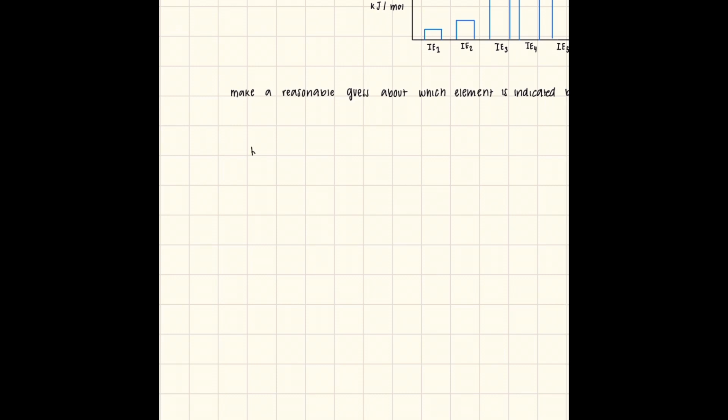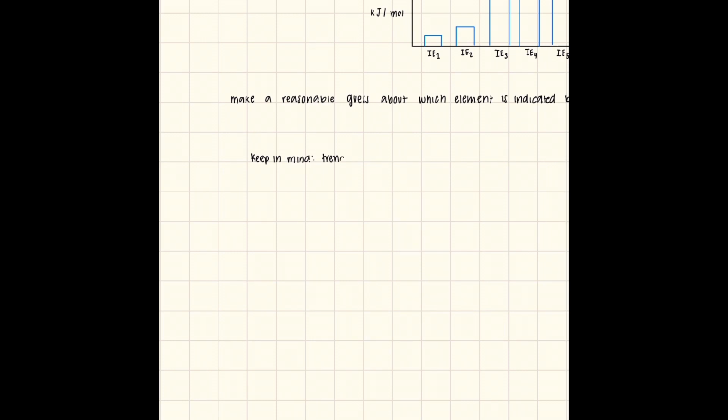So the first thing we're going to do is just make a note to keep in mind. The thing I like to think about when I'm doing problems like this is, what are the trends on the periodic table? In the case of ionization energy, we are going to have a couple trends. My first trend is, as we go up the periodic table, you're going to see an increase in ionization energy.